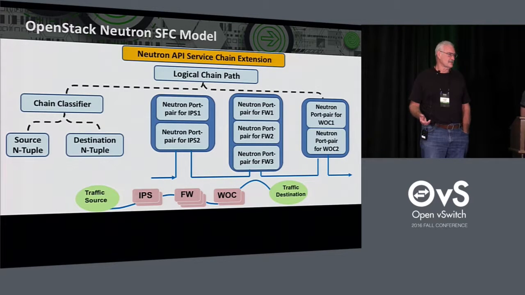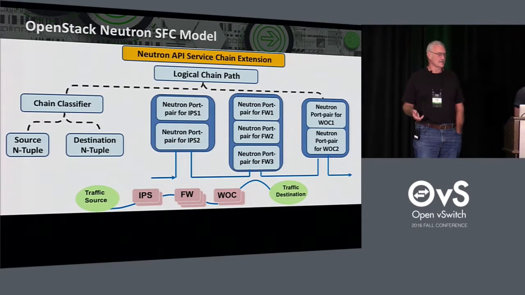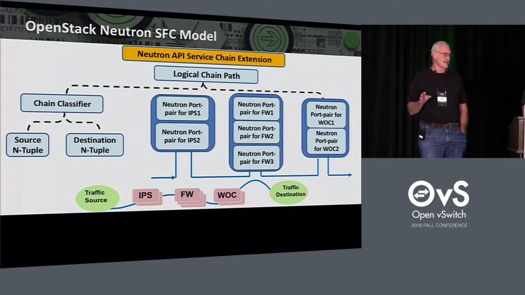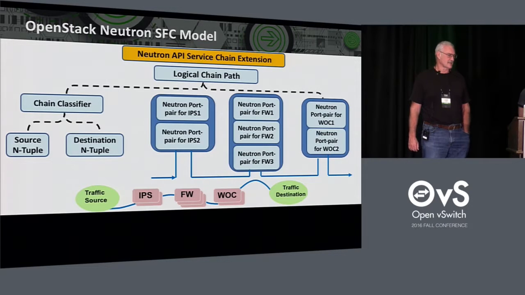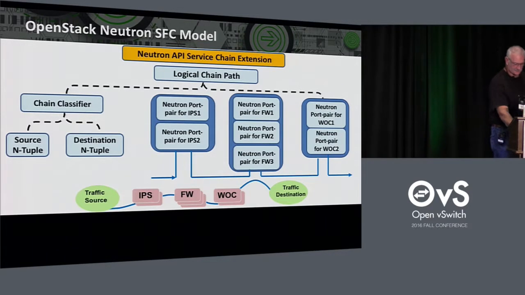We can also update the port pair groups to add and remove individual port pairs. I should clarify that each port pair is based on Neutron ports, so you have an ingress Neutron port and an egress Neutron port. What you see there is a number of different port pairs grouped together in port pair groups.